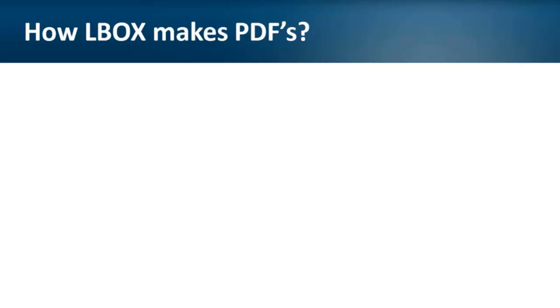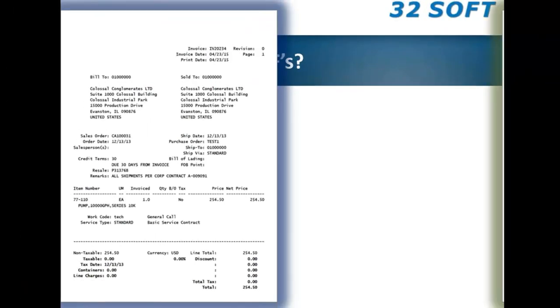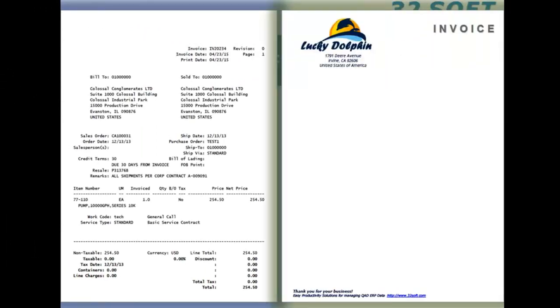When you select LBOX as a printer, LBOX reads QAD program output, such as plain text, and merges the text with static content in a PDF template, which can contain your logo, boxes, legal text, labels, and so on.